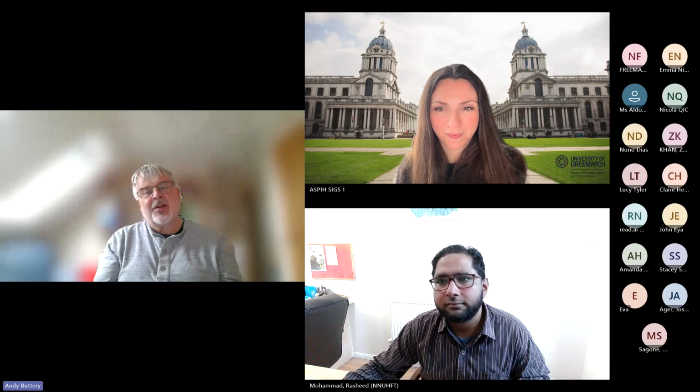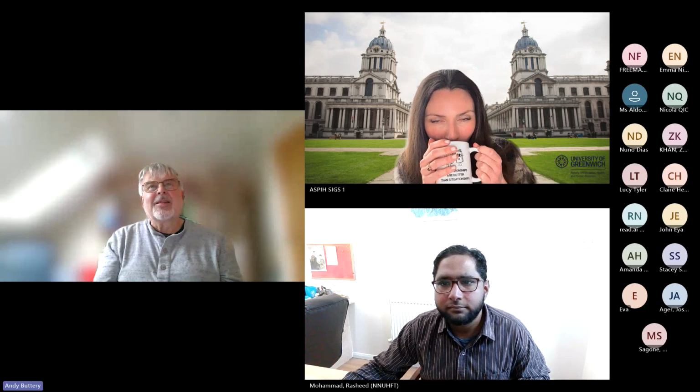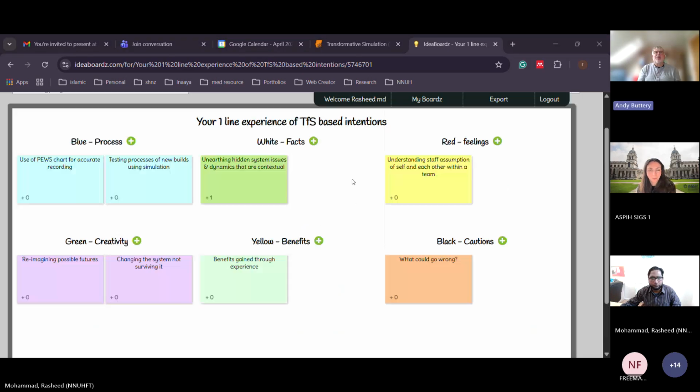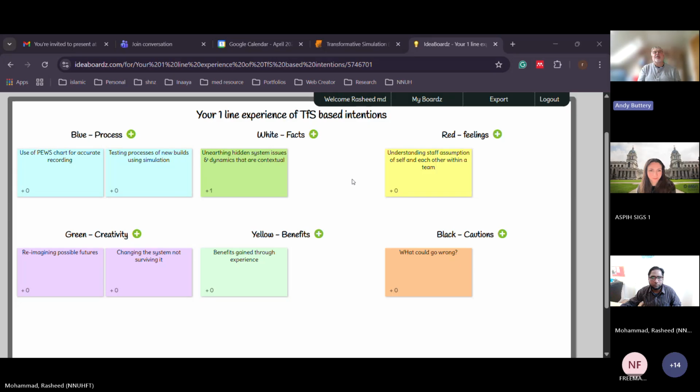I think that's very aligned to one of the comments on the white hat facts: unearthing hidden system issues and dynamics that are contextual. And for me, something around simulation as the jester's hat, as the democratization of inclusive voices.